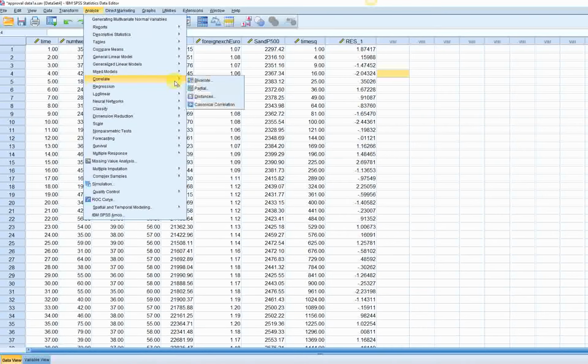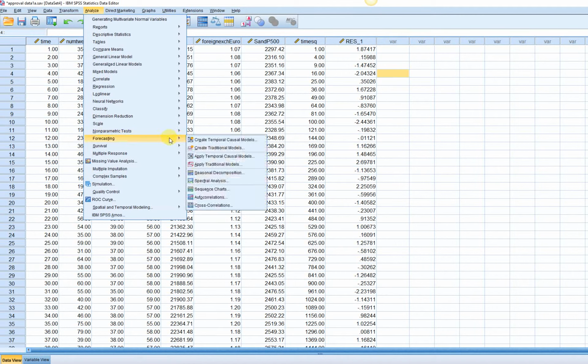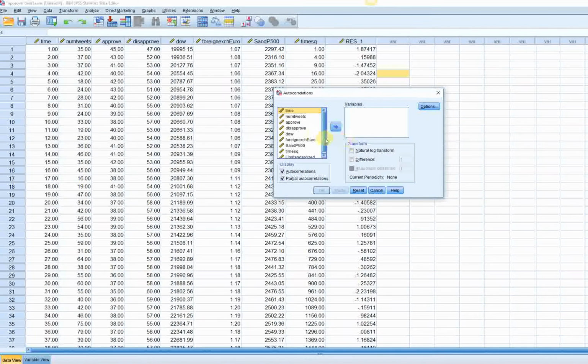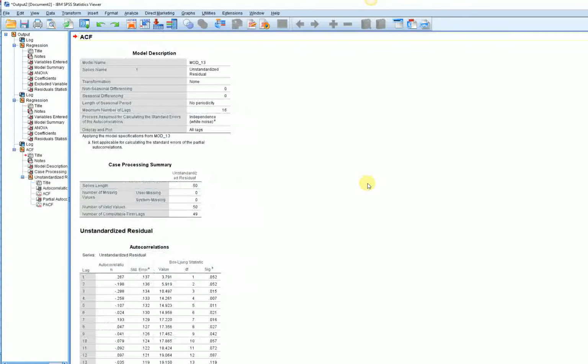So to study the autocorrelations, I'm going to go down to forecasting, autocorrelations. I'm just going to highlight the unstandardized residuals, click on OK, and now we get the autocorrelations.